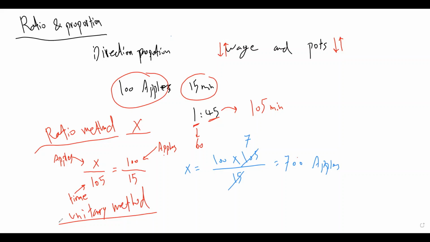My suggestion is that if you're already comfortable with the ratio method, just stick to it. However, there is another way, and for the sake of completeness, I have to also cover it. Actually, I prefer to use the ratio method myself. However, the unitary method is quite straightforward as well.